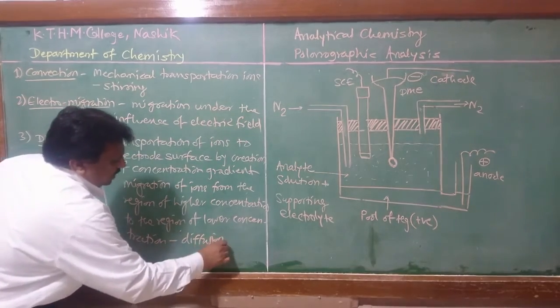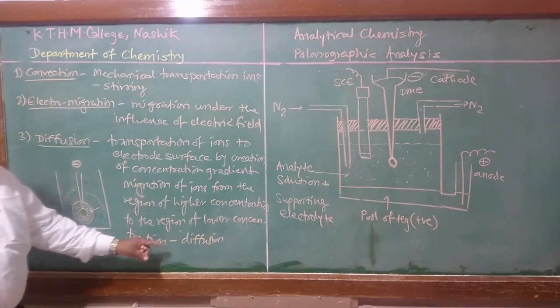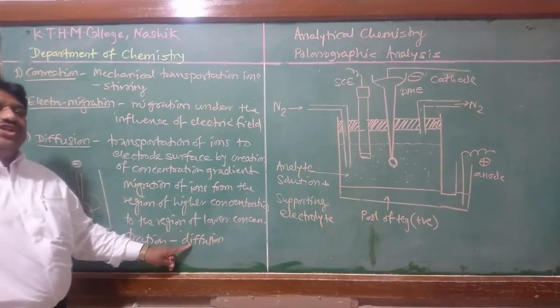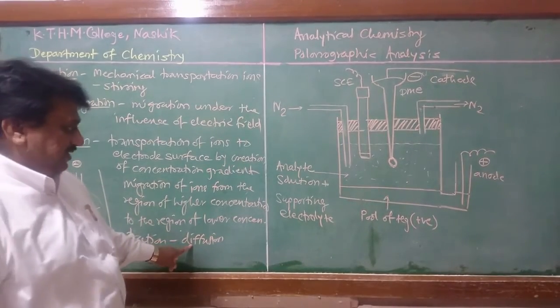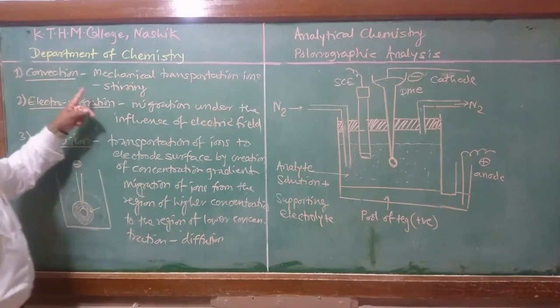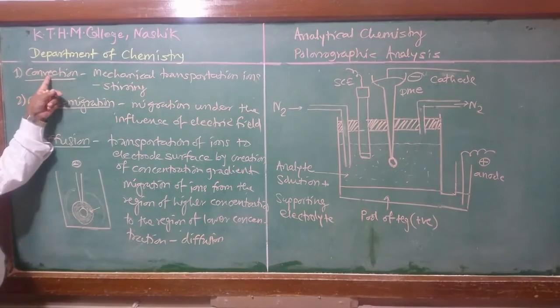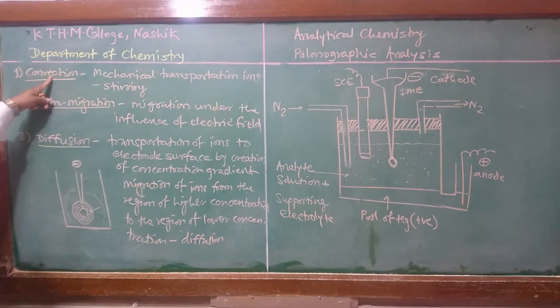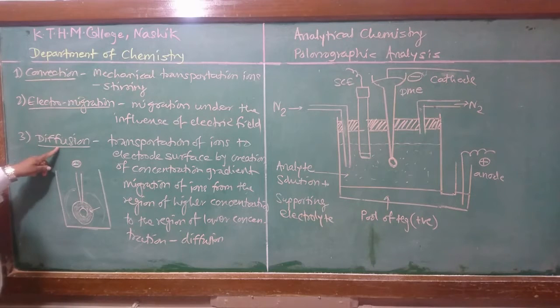And therefore here in polarographic analysis, diffusion is the phenomenon that controls the transportation of ion to the electrode surface. In electrochemistry, ions are transported to the electrode surface by convection, by electromigration, and by diffusion.